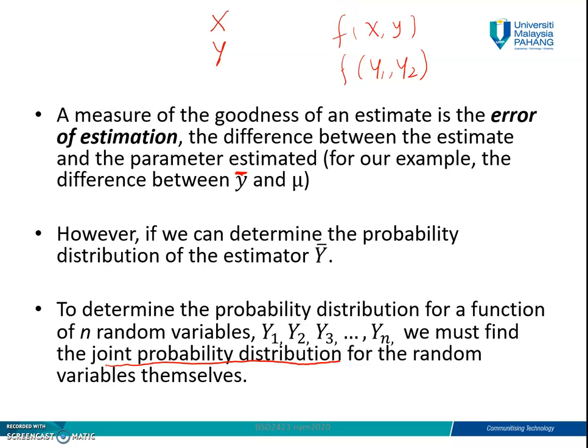But now it's a function of n random variables. So you not only have one random variable, or two, but you have n random variables. If we are talking about the mean, that is a function of random variables whose probability distribution we want to find. So before that, we must find the joint probability distribution function for the random variables.